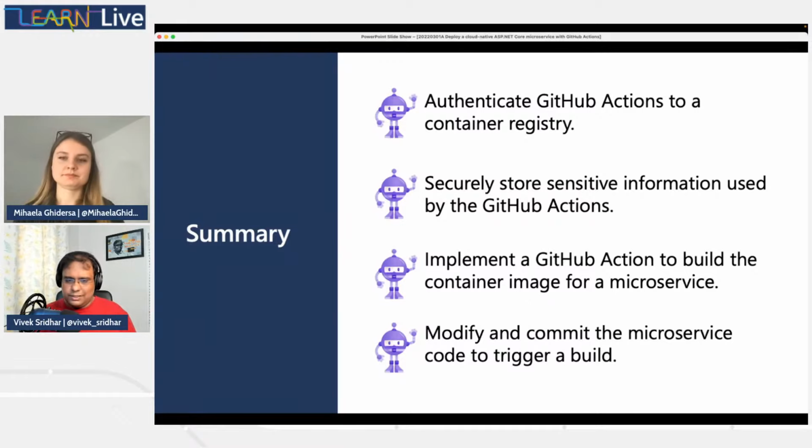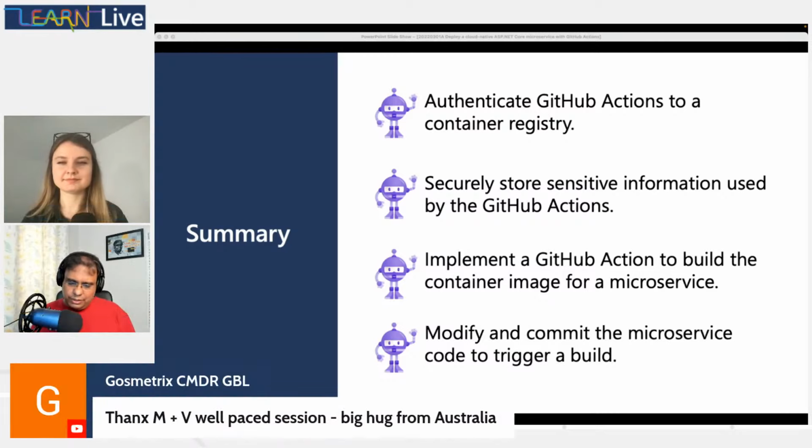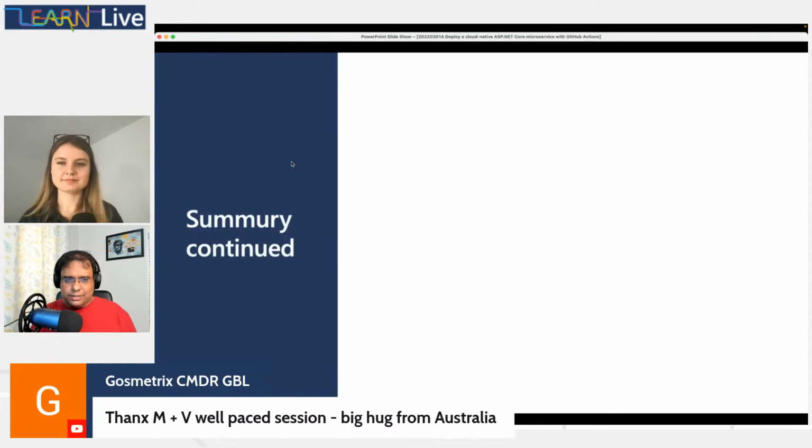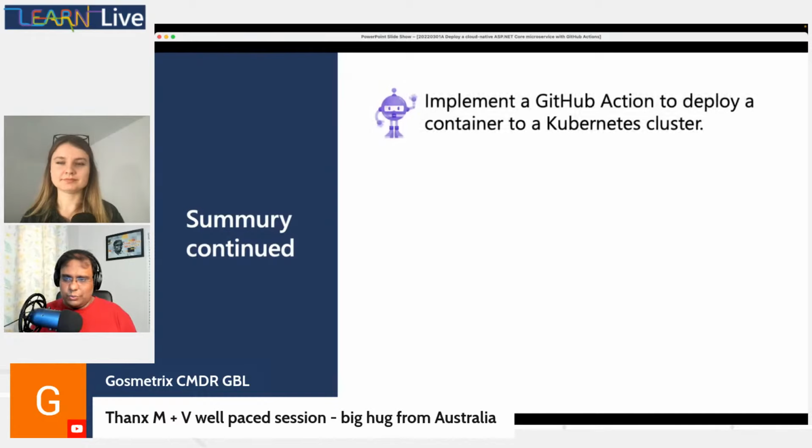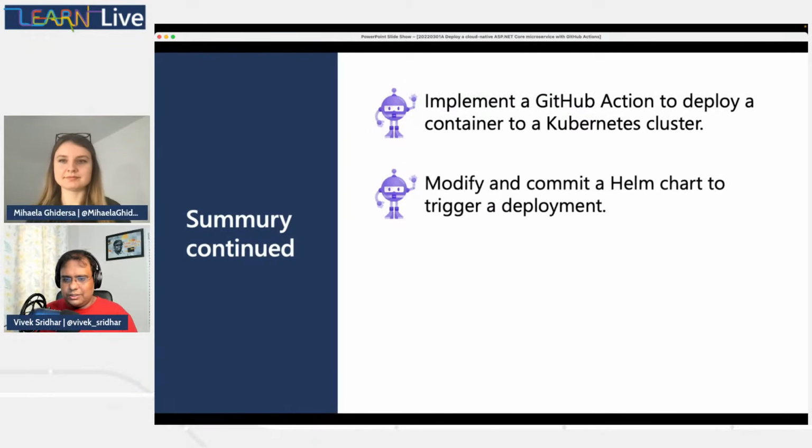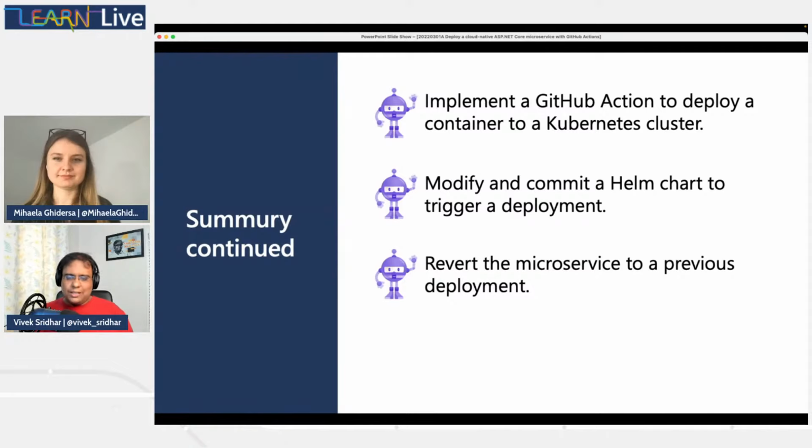We went to the settings and added it into the security part, and then we made a couple of changes to the code, built the image, and stored it in the container registry. We also deployed it in the Kubernetes cluster, and we saw how the Helm chart behaves when creating a new deployment and also reverting deployments.